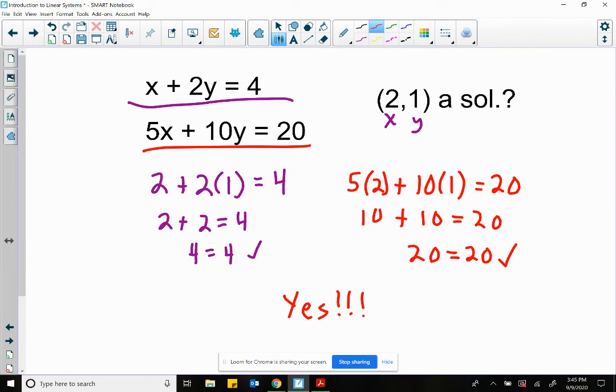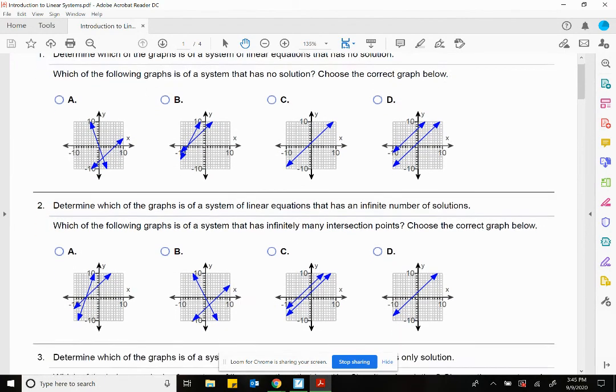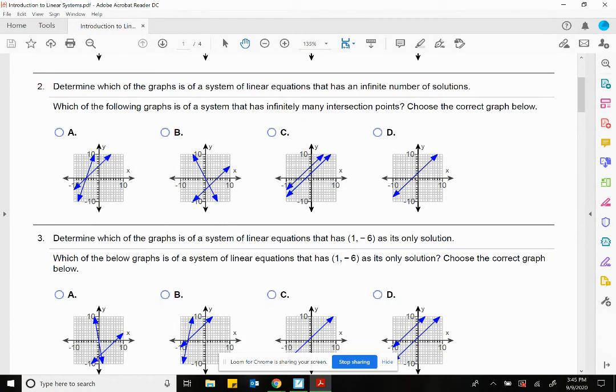Okay? So I just want to show you your assignment. That is it for the introduction. You can see on your assignment here, one of the questions is to determine which of the graphs of a system of linear equations has no solution. We talked about that. The second and the third question are just like that. The second one is asking which one has infinite points of intersection.